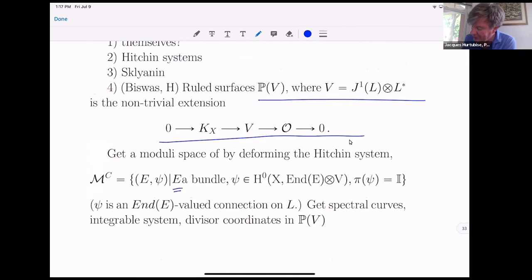So you take a bundle, space of bundles, and you look at, this is a rank 2 bundle, so that doesn't look too good.